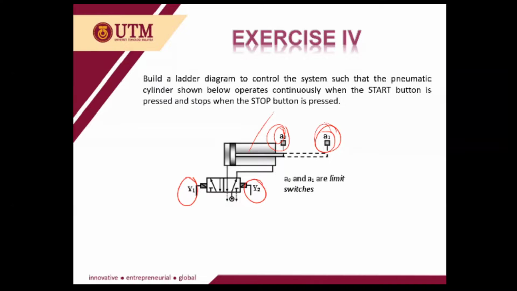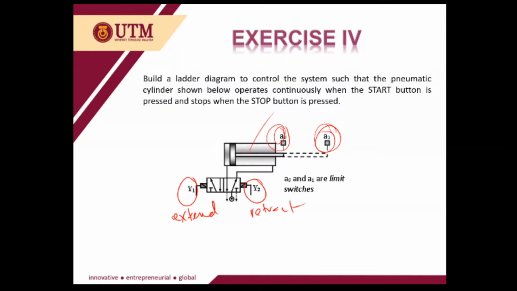You trigger Y1, the cylinder will extend. You trigger Y2, the cylinder will retract. If you trigger Y1, you cannot trigger Y2. If you trigger both, the cylinder will hold at its last position.